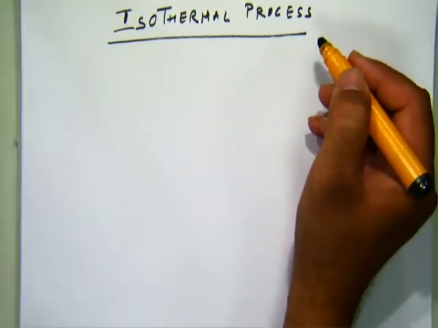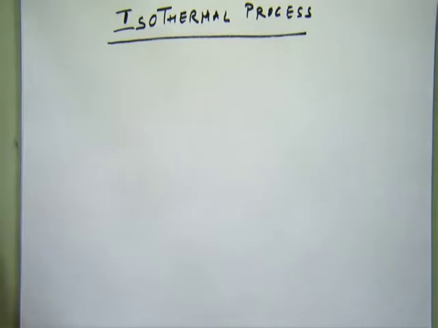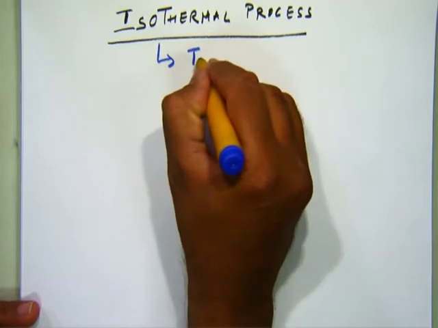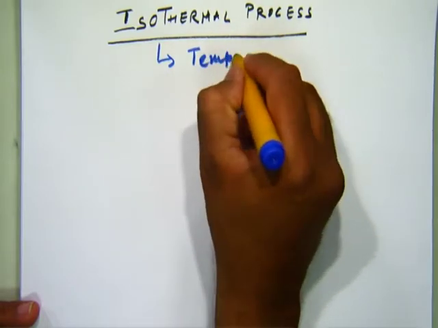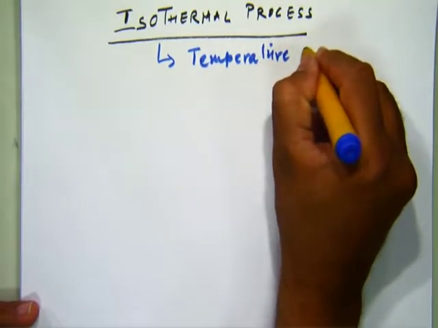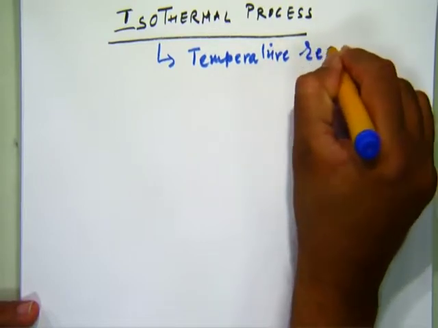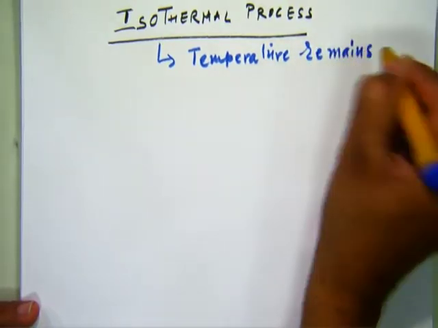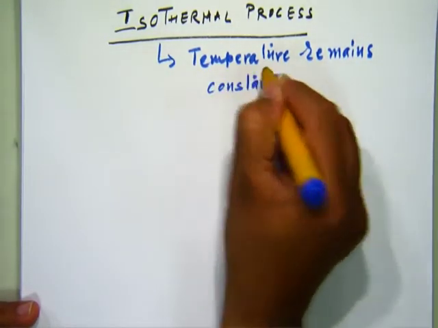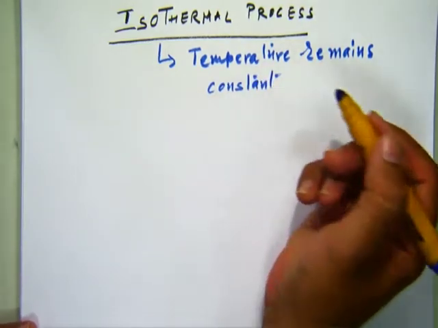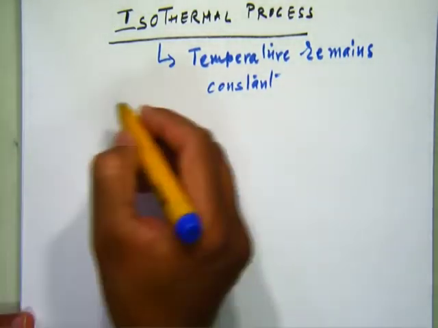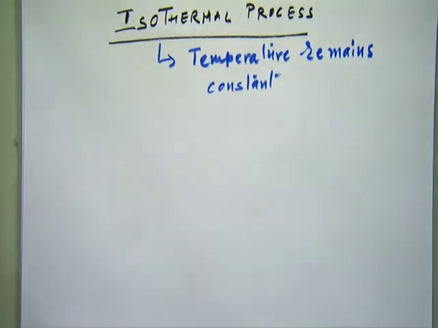Isothermal process means temperature remains constant. If we draw the process on the PV diagram, how does it look?